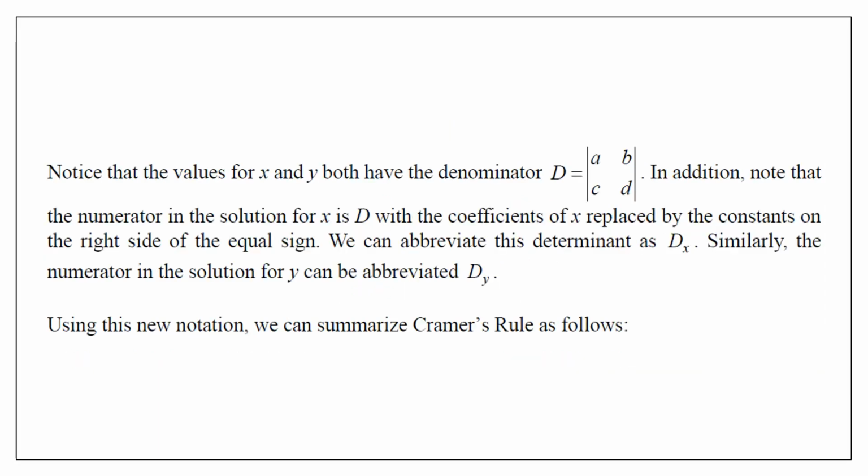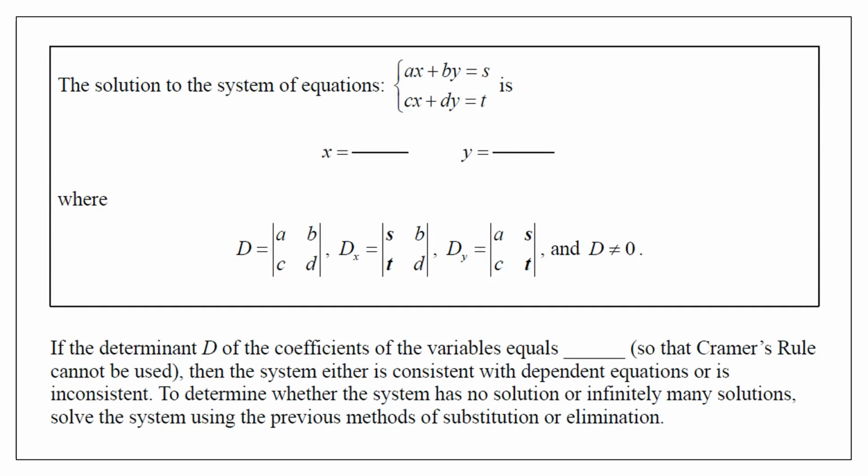In addition, note that the numerator in the solution for x is D with the coefficients of x replaced by the constants on the right side of the equal sign. We can abbreviate this determinant as D subscript x. Similarly, the numerator in the solution for y can be abbreviated D subscript y. Using this new notation, we can summarize Cramer's rule as follows.